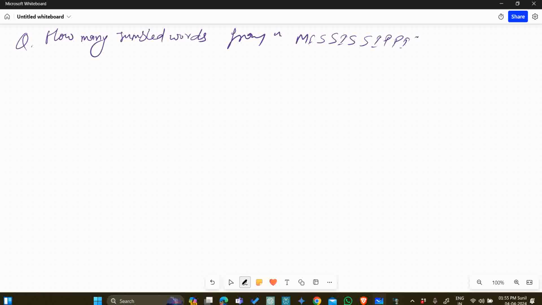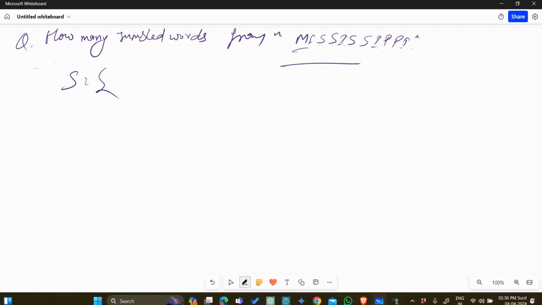This is a very important word. How many jumbled words of size 11? Let's count: 1, 2, 3, 4, 5, 6, 7, 8, 9, 10, 11. Size is 11 here.